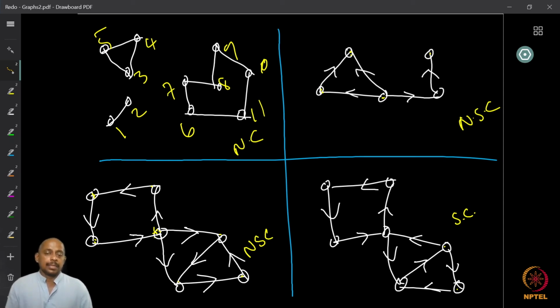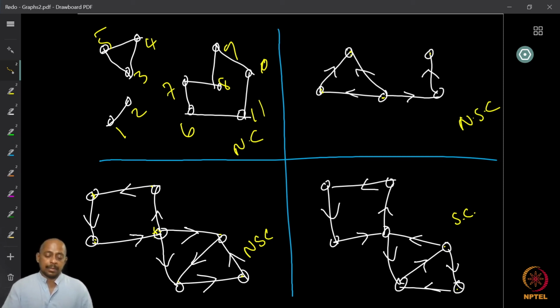So you will see that there are several such parts, and each part is basically connected, right? Then you have the directed graph, which is not strongly connected, even though the underlying graph is connected. Right?